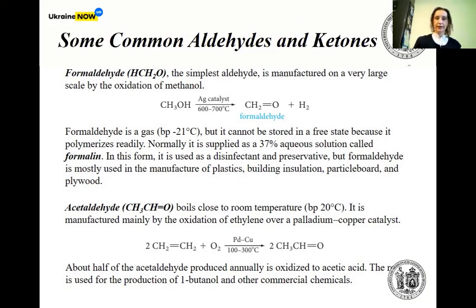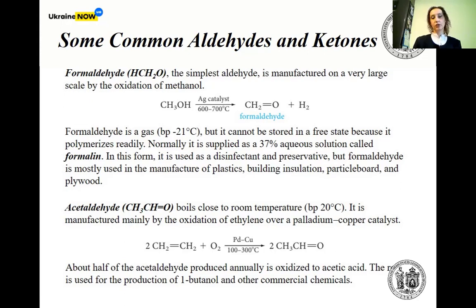Some aldehydes and ketones are very important and are used very widely. The first member in the aldehyde triad is formaldehyde. It is synthesized from methanol in industry by oxidation at high temperature. It is a gaseous compound at room temperature with a boiling point of minus 21 degrees.